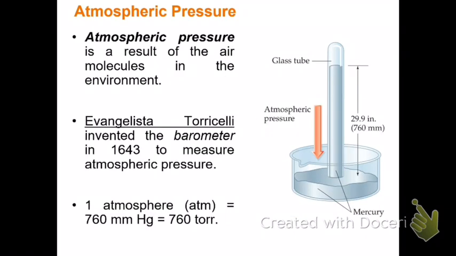All right, so gas pressure is different from atmospheric pressure. Atmospheric pressure is the result of the air molecules in the environment around us, right? There are air molecules all around us, striking the walls of the room, hitting your skin, colliding with each other, colliding with other molecules in the environment.